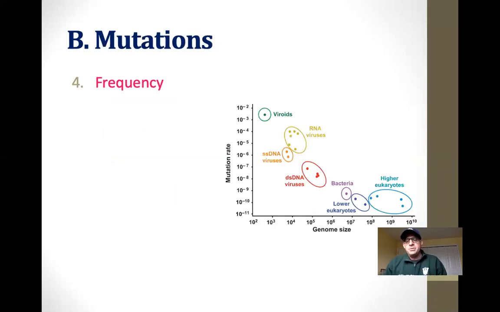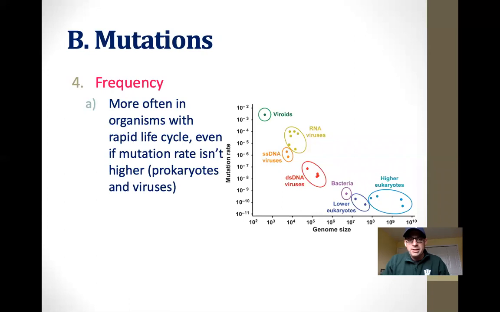All right, now mutations in terms of their frequency, they occur more often in organisms that have a rapid life cycle, even if the mutation rate isn't a lot higher. For example, in prokaryotes and viruses, they have a much faster life cycle. So just because of that, you're going to have mutations occurring much more frequently. You can see down here on the x-axis, we've got the genome size. Over here on the y-axis, we have mutation rate. So higher eukaryotes, which humans would fall into this group, you can see we have large genomes and a smaller, lower mutation rate.